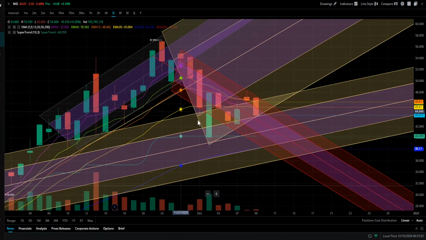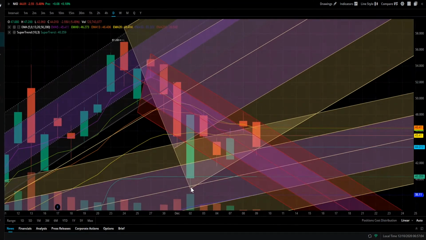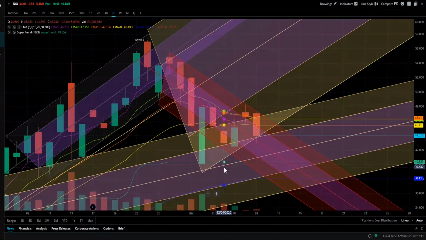Now the thing is, it acted as a support, but at the same time it's aligned perfectly with the median line of that channel here. So that is very interesting, to be aligned here with it to some extent.